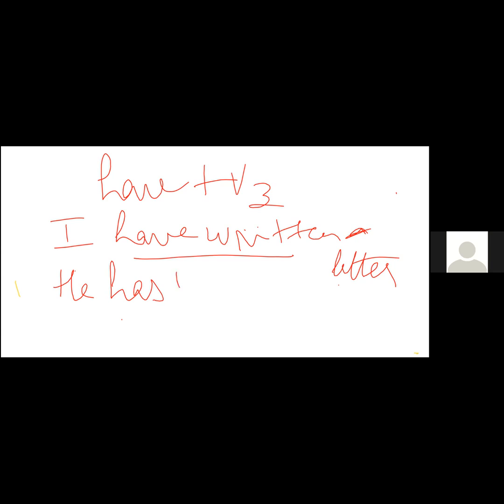Have is the simple present form, but for third person singular it should be has instead of have. He has written, she has written, it has written.